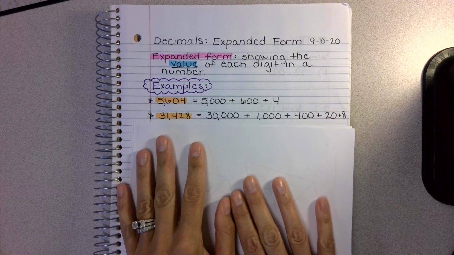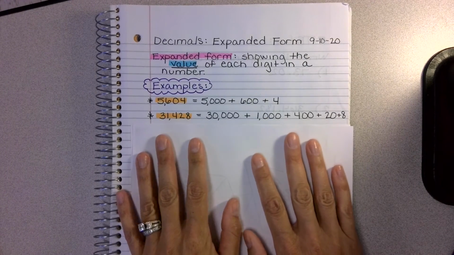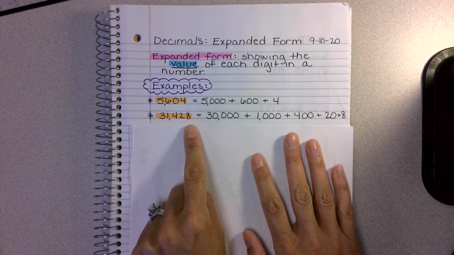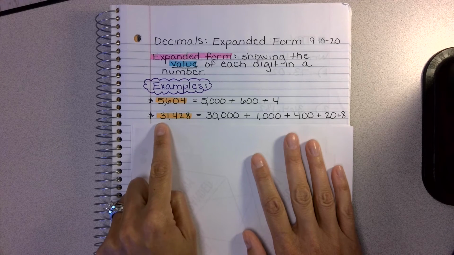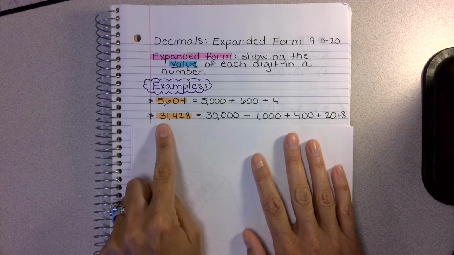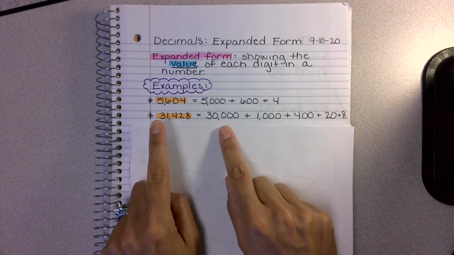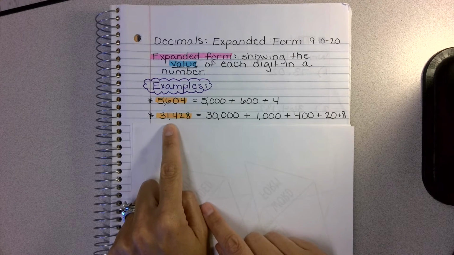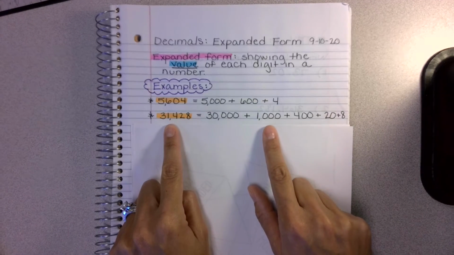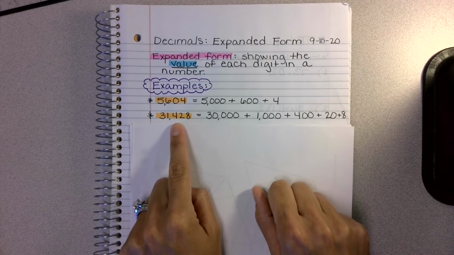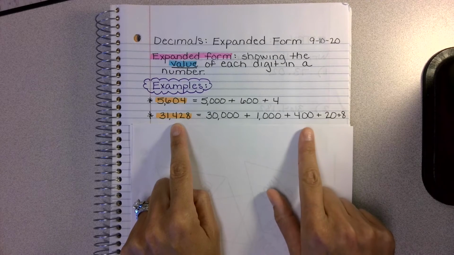All right, let's try one more that doesn't have a decimal. Now I have 31,428. I'm starting all the way to the left. The 3 is in the ten thousands place, so that 3 has the value of 30,000. The 1 is in the thousands place, so that 1 is worth 1,000. The 4 is in the hundreds place, so the value of that 4 is 400.